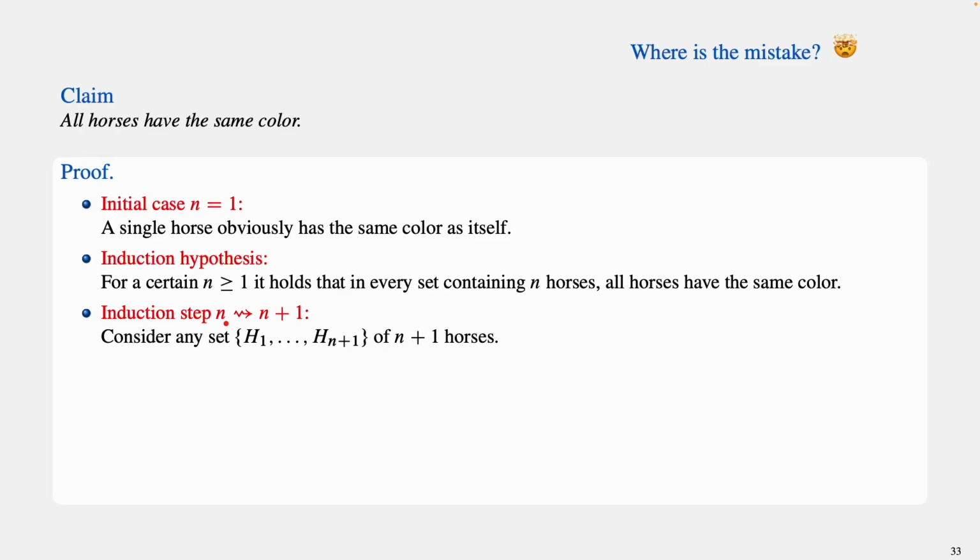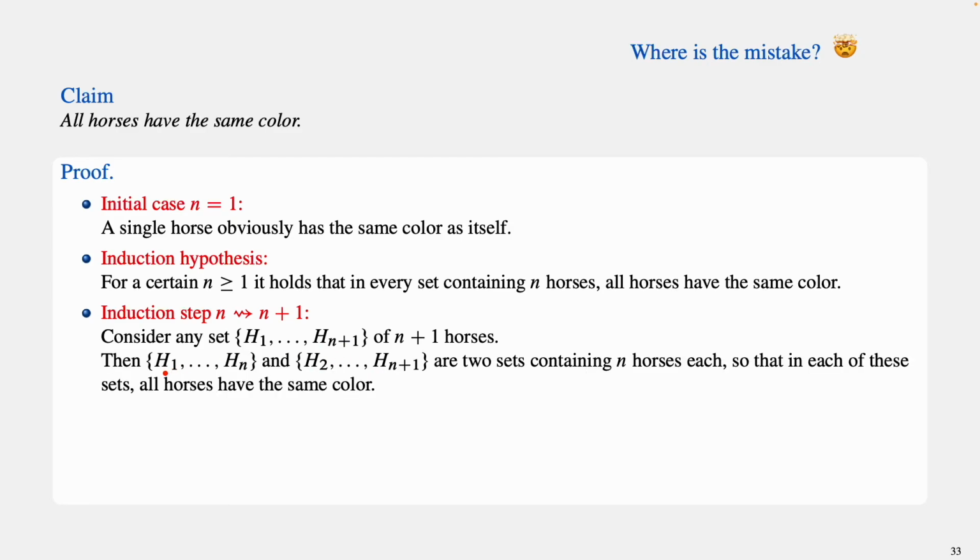The induction step is now as follows. I'm considering a set of n plus 1 horses, so I enumerate them h1 to hn plus 1. These are my horses. And then I look at two subsets, h1 to hn and h2 to hn plus 1. So these are two sets containing n horses each, so that in each of these two sets all horses have the same color.